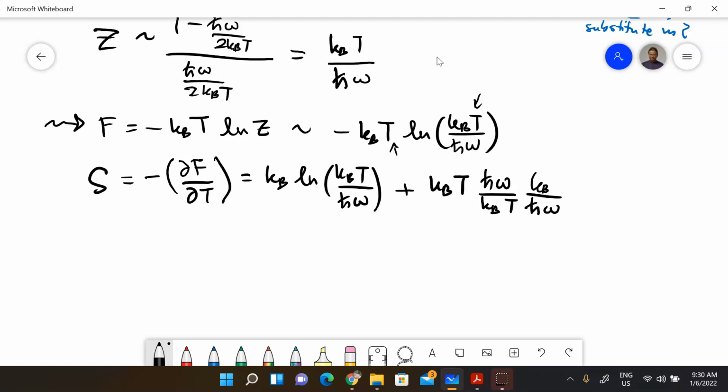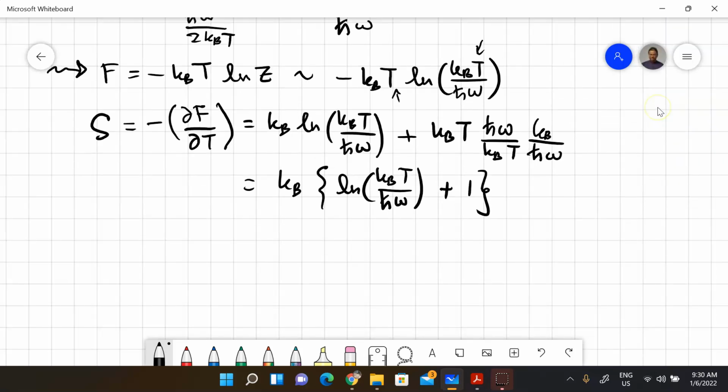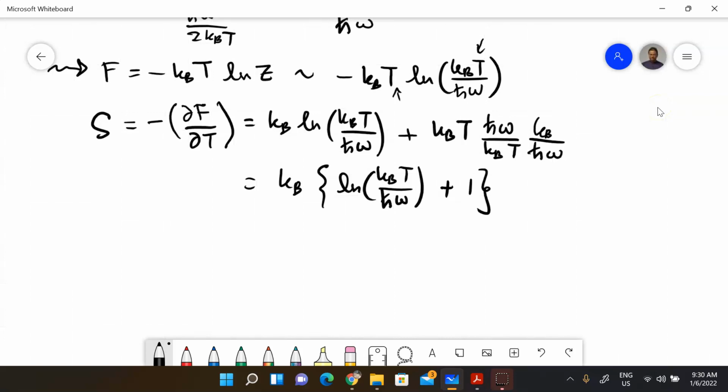So you can simplify this, and then you can actually get this to be kB log of kBT on h bar omega plus 1. So you can see that that will be the entropy at high temperatures. And the next thing that one usually does is to calculate your heat capacity.